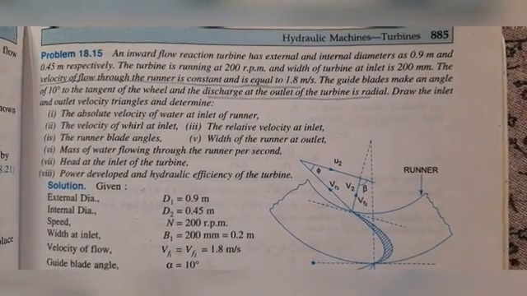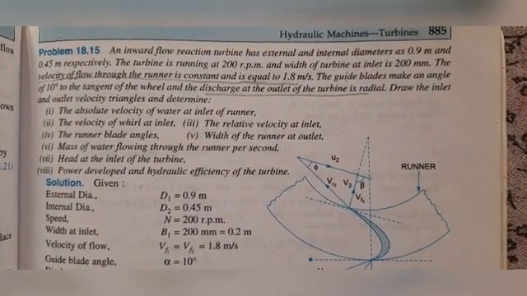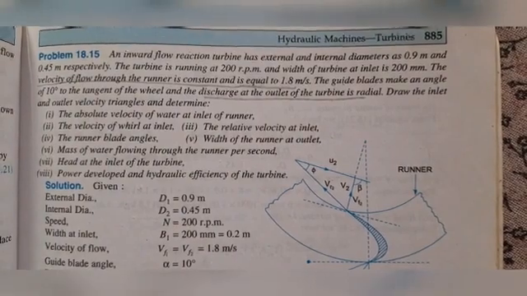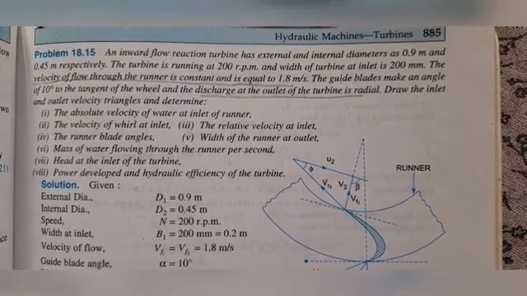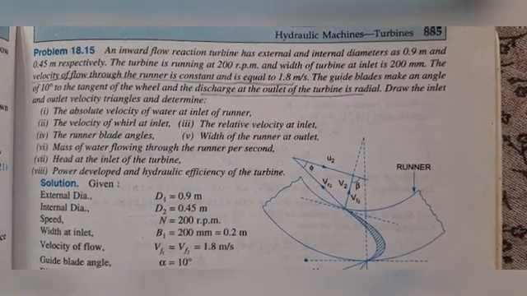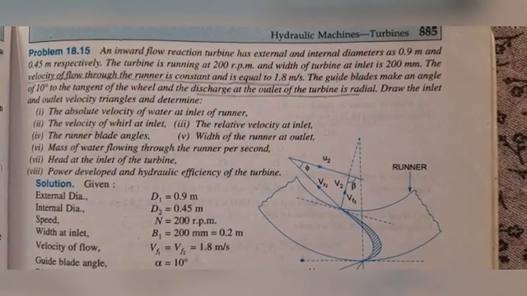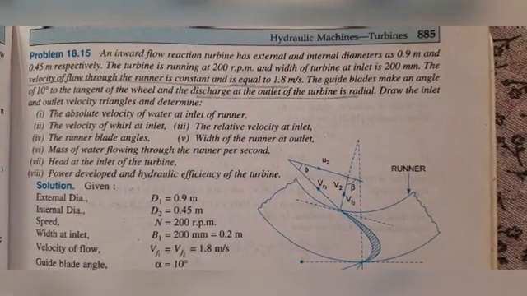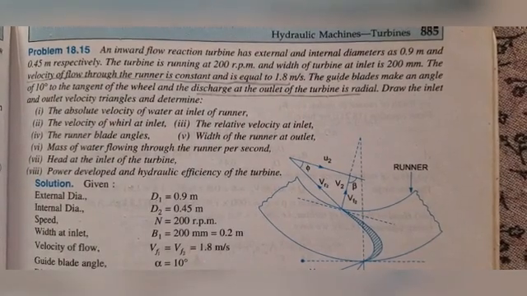We'll solve one more numerical. An inward flow reaction turbine has external and internal diameter as 0.9 meter and 0.45 meter respectively. The turbine is running at 200 rpm and width of turbine at inlet is 200 mm.